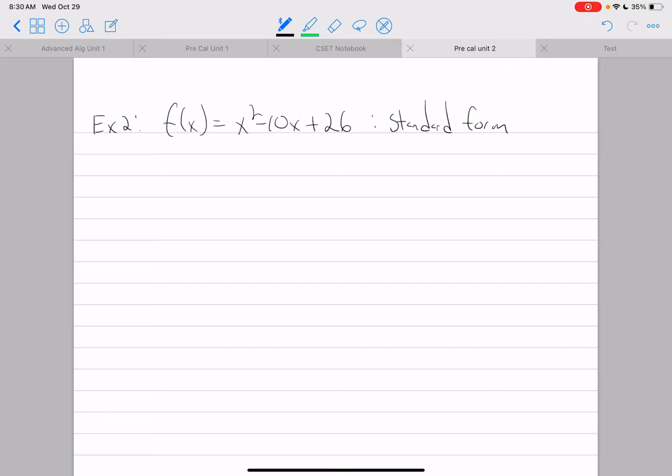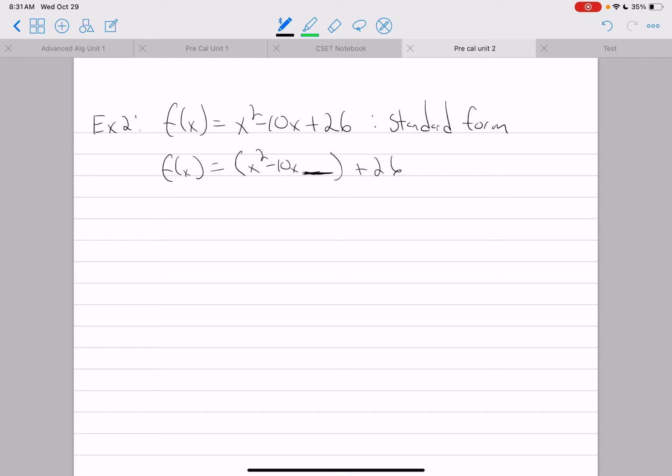Why don't you try to convert it to vertex form? Hopefully you just tried to do that before me. So let's see what we're doing. Okay, so what am I going to do? I'm going to write f of x equals, I'm going to put together the x squared minus 10x, and I'm going to move the 26 outside of here. This is where I'm going to start to create my perfect square trinomial.